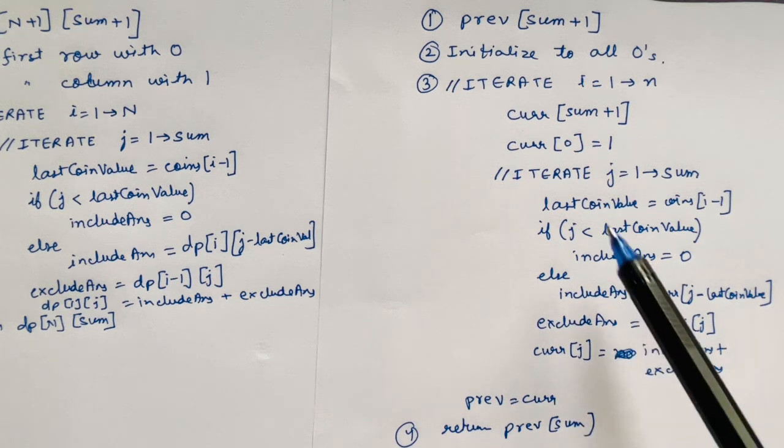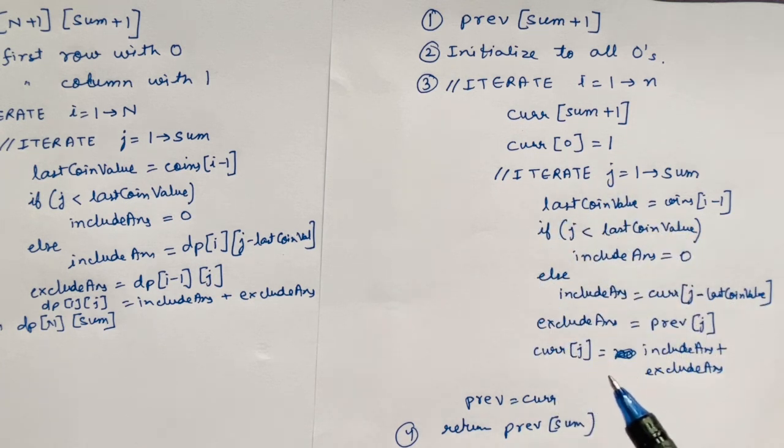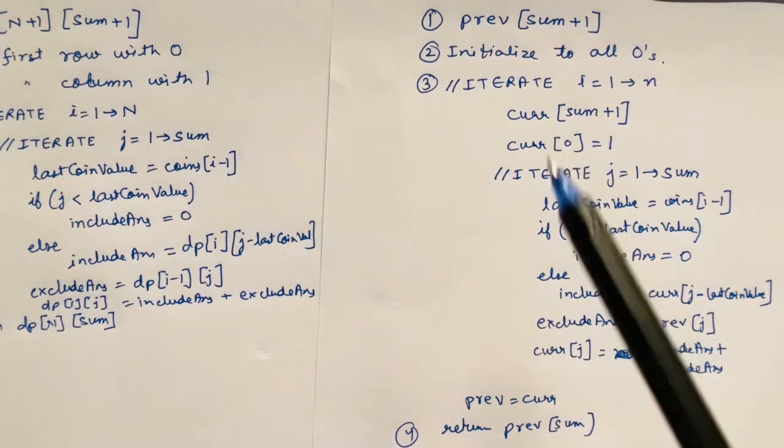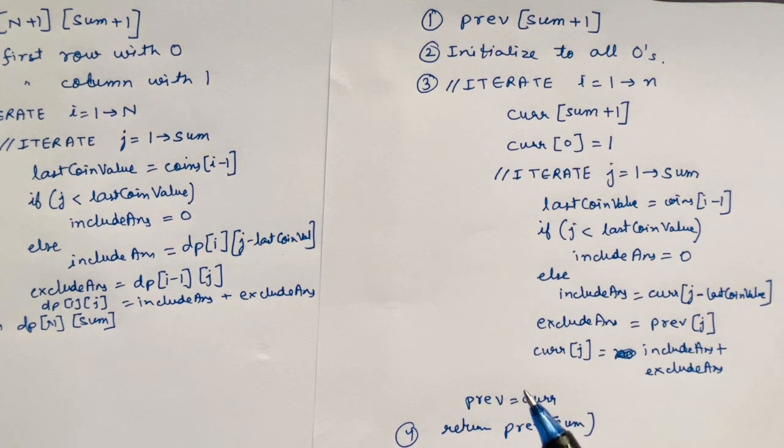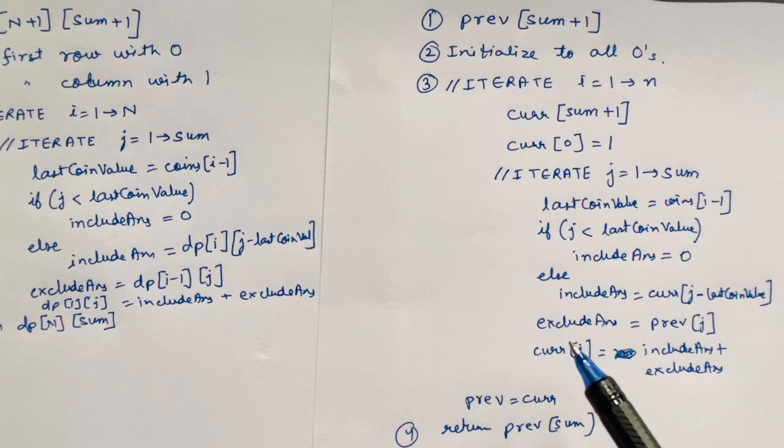Now, as we completely fill our current row, we have to fill a new current row as we come here. But for the new current row, what will be the previous? The previous will be this current row that was filled in this iteration. And what happens to the previous that was here in this iteration?